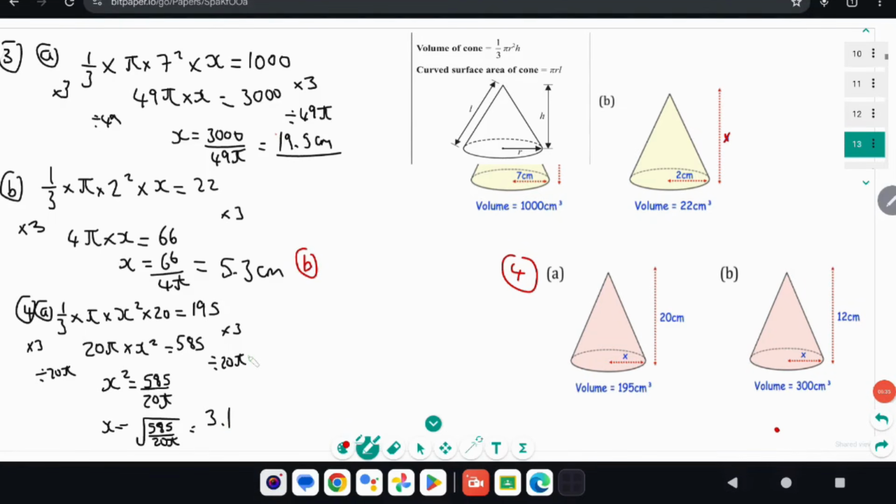And then part B, we have a third times pi times x squared times 12 is equal to 300. Times both sides by 3. Pi times 12 is 12 pi.